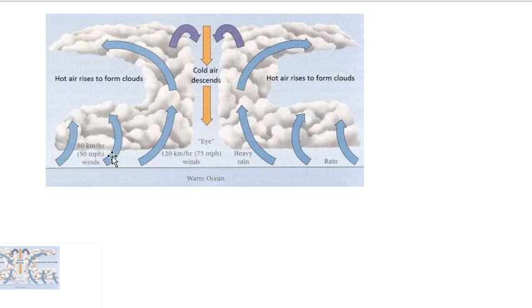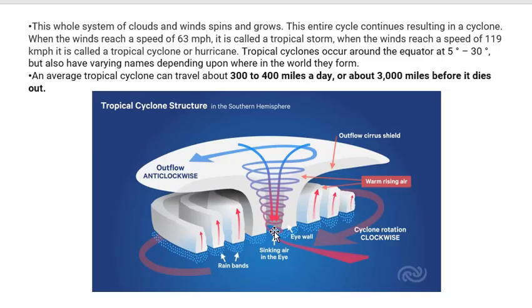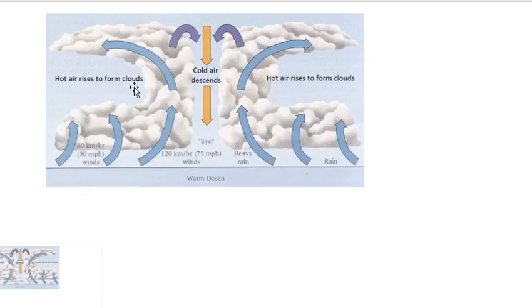The hot air rises from this position, and it forms clouds, carrying the moisture along with it. When the wind is carrying moisture along with it, this is called a cyclone.